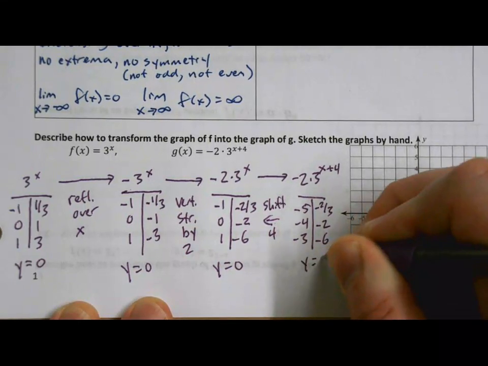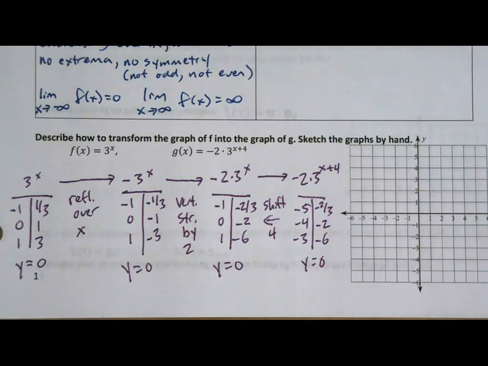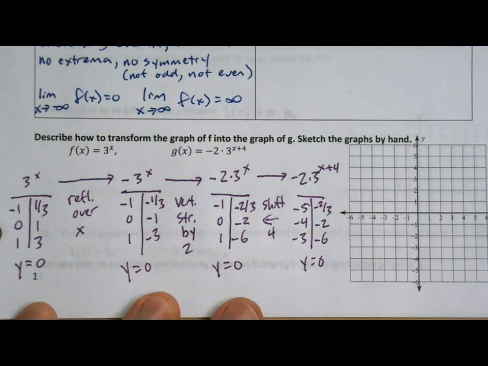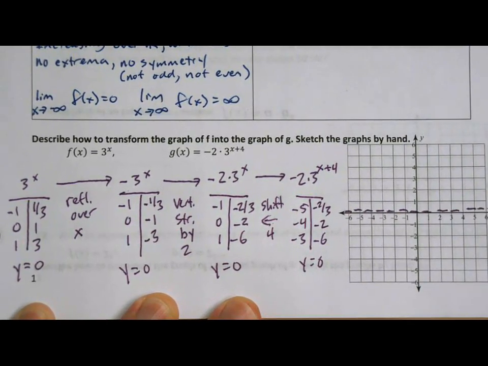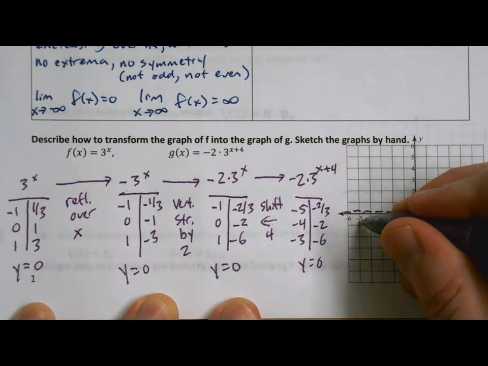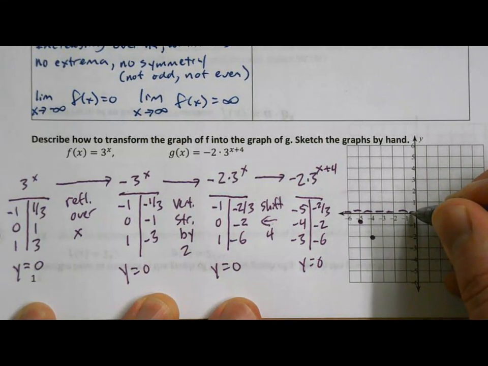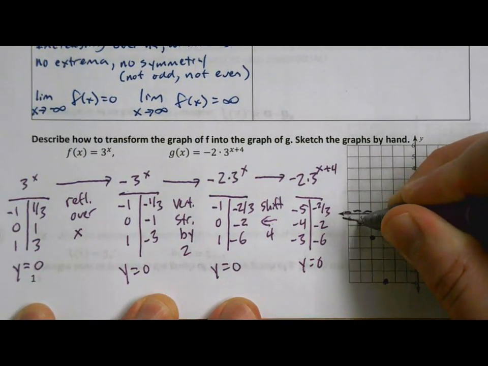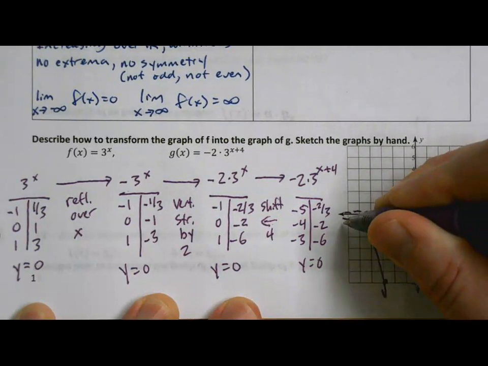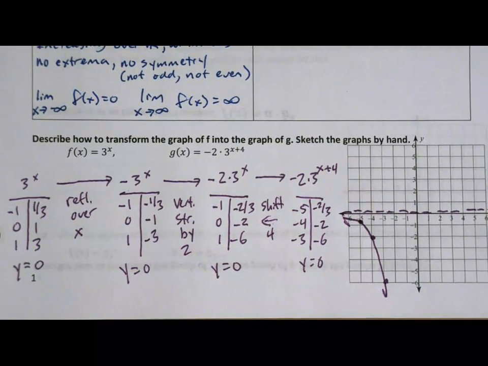All my y values stay the same. So here's my asymptote, y equals 0. All right, there we are, reflected, stretched, and shifted.